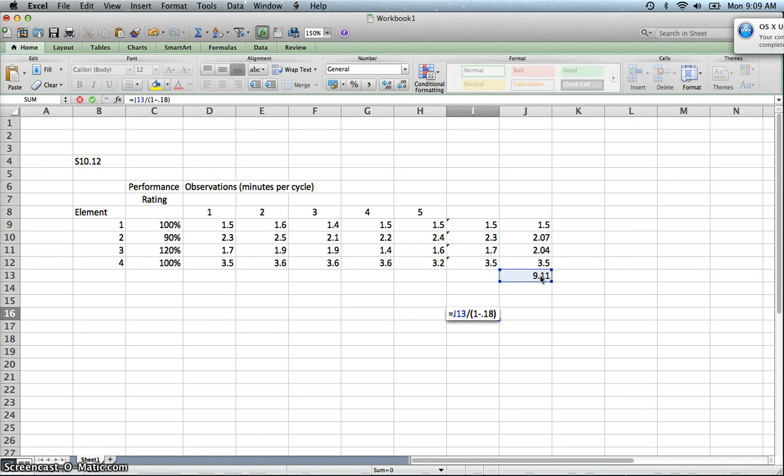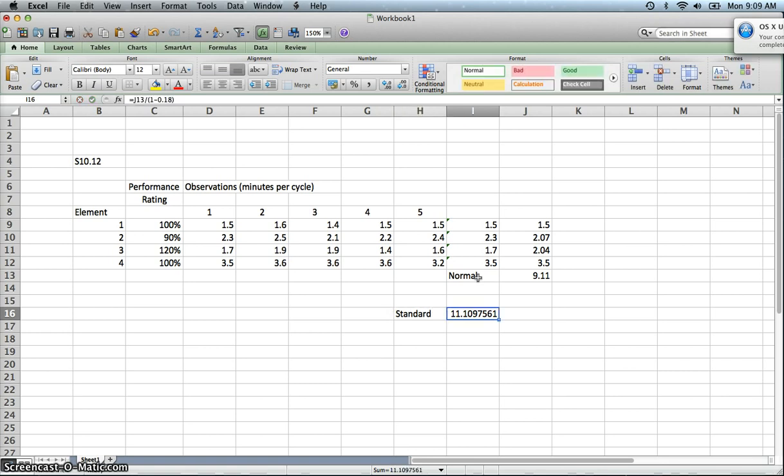So we subtract that from 100%, or a 1, and we would wind up with standard time. And so in regards to labor standards, this is what we call standard time. This is normal time here, so we could label that normal. Normal time just takes into account the performance evaluations. Standard time actually takes into account the allowance factor.